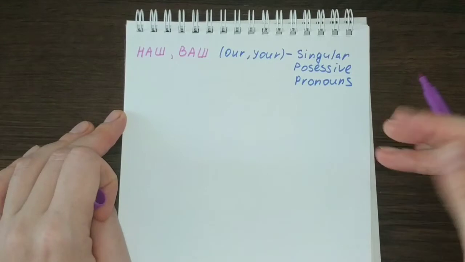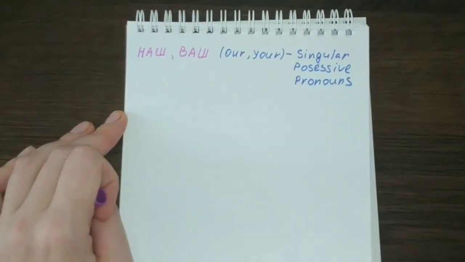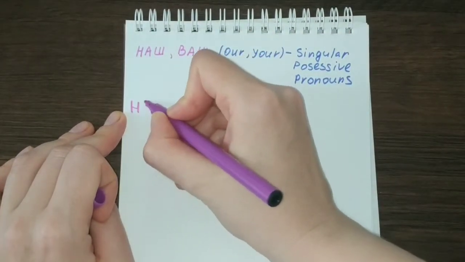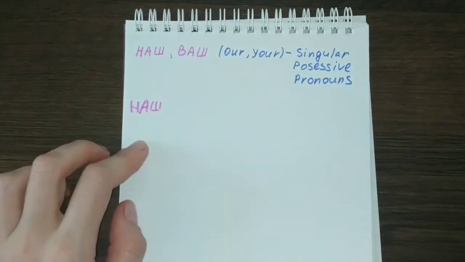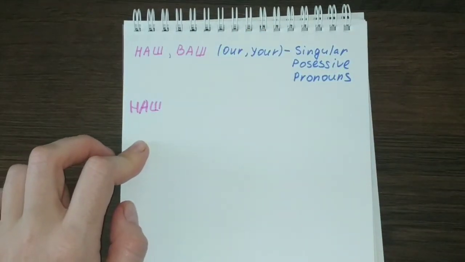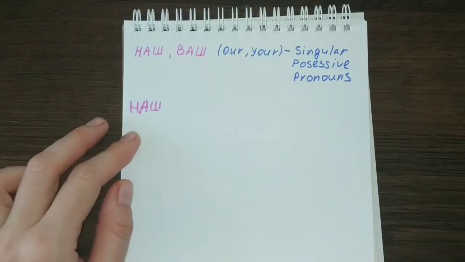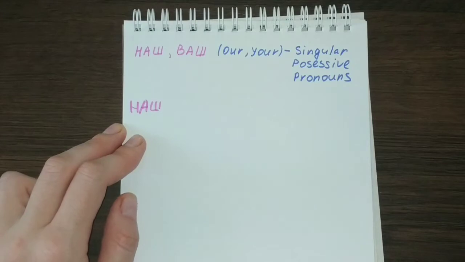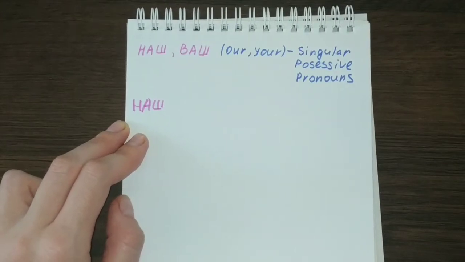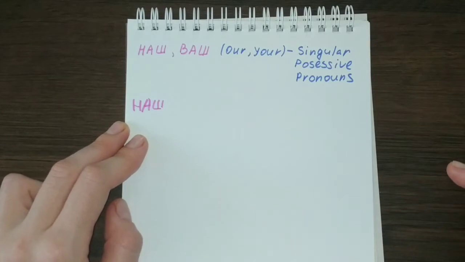and sentences. So the pronoun наш is a dictionary form of this pronoun. If you look it up in the dictionary, it will be this form. And as we know, all of the words that you see in the dictionary, adjectives, nouns, and pronouns, are always given in their masculine gender form.